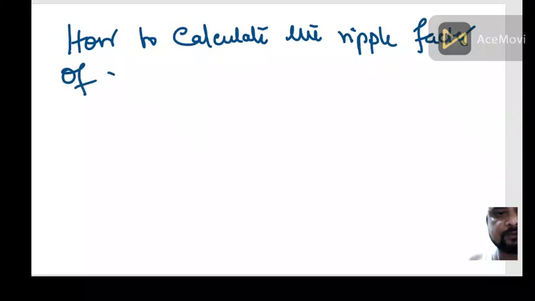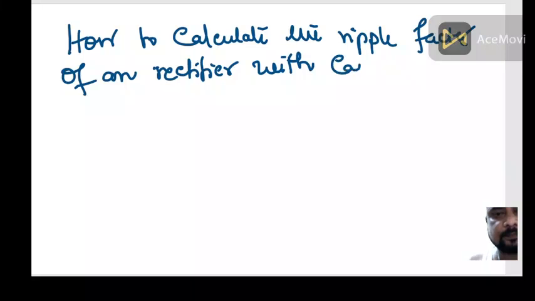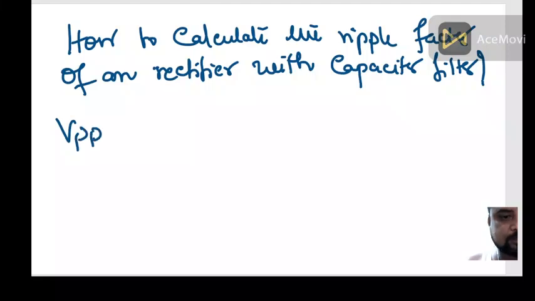How to calculate the ripple factor of a rectifier with capacitor filter. How will you calculate this? We will come to more questions like this. So the calculation is not very difficult. There are certain small assumptions.